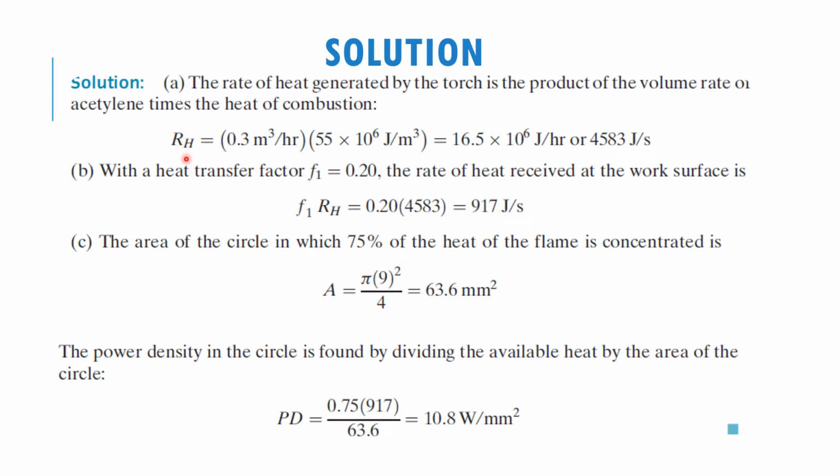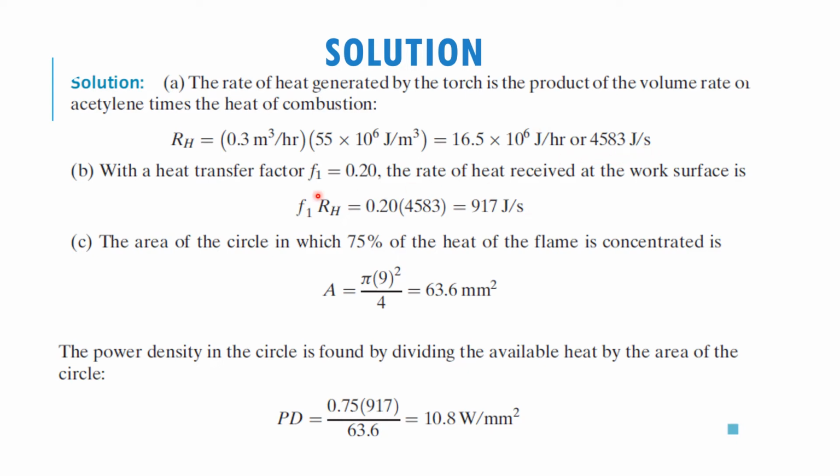Then you will get the rate of heat generated, which is 16.5 times 10 to the power of 6 joule per hour. If you change it to per second, then you will get around 4583 joule per second.